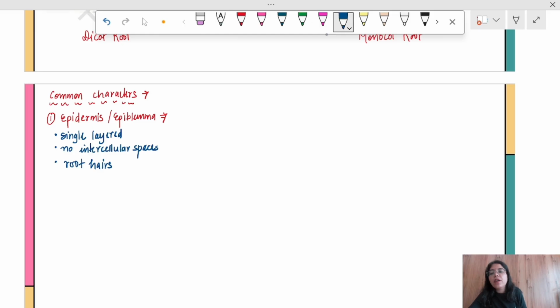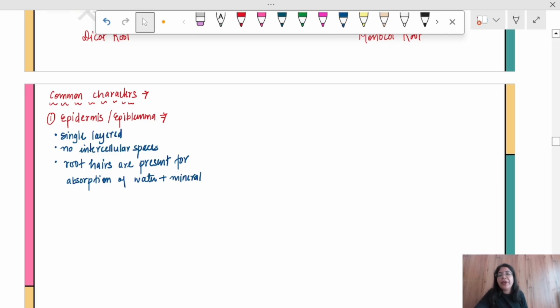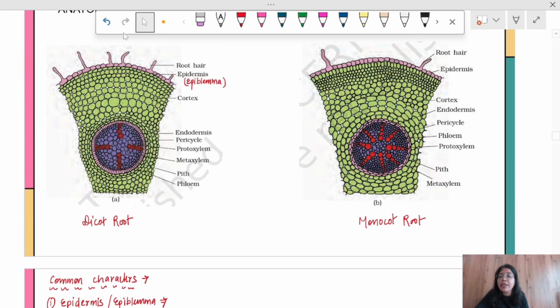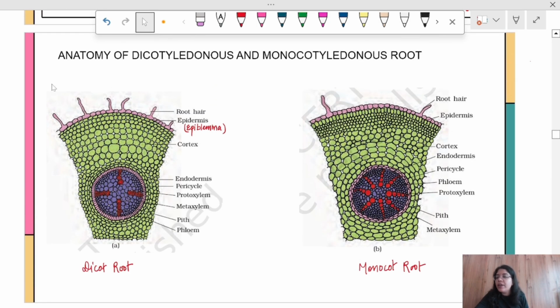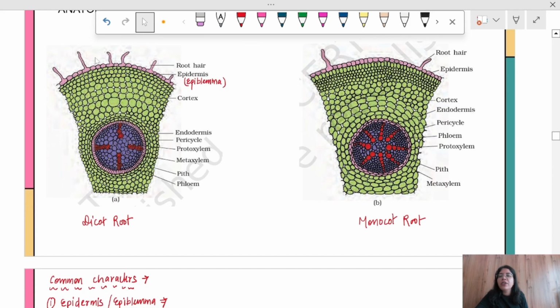Root hairs are present for absorption of water and minerals. Root hairs are extensions of epidermal cells, so they increase the absorptive surface area. Here they are more numerous in dicot as per the diagram, and fewer in monocot, but that is not that important. So you have understood about epidermis.